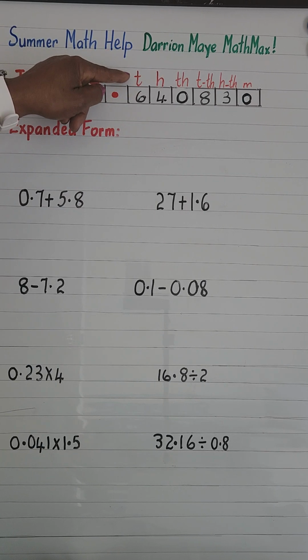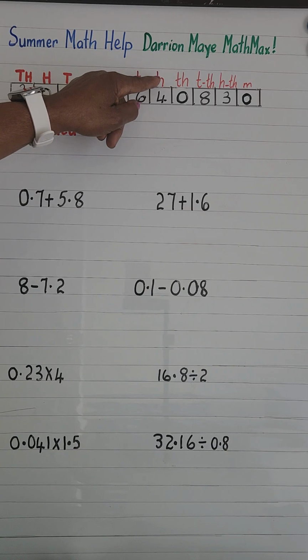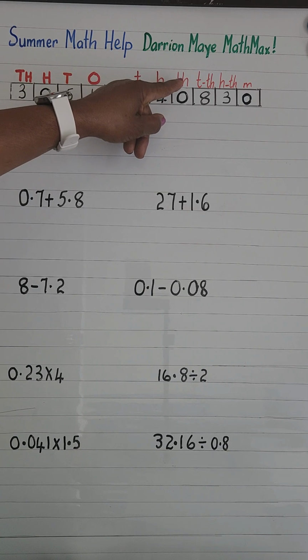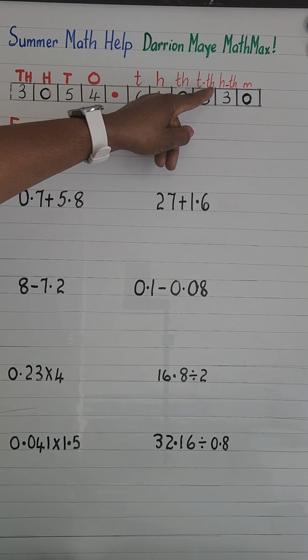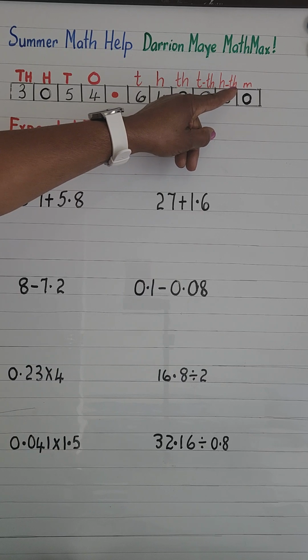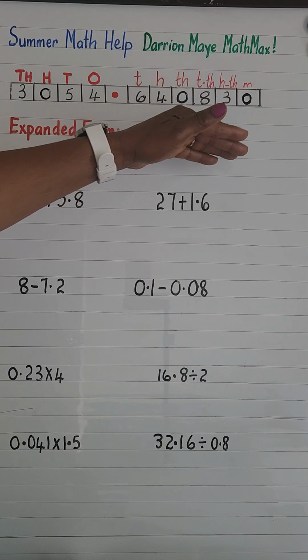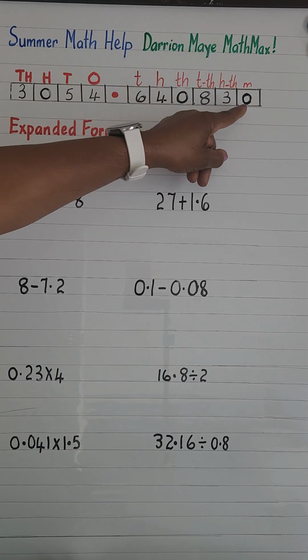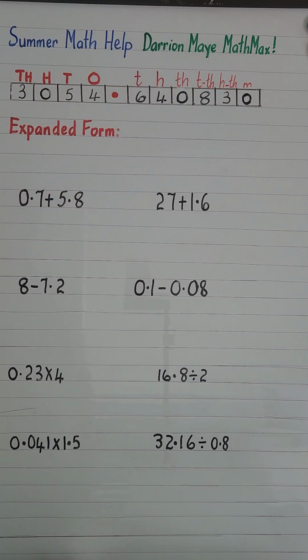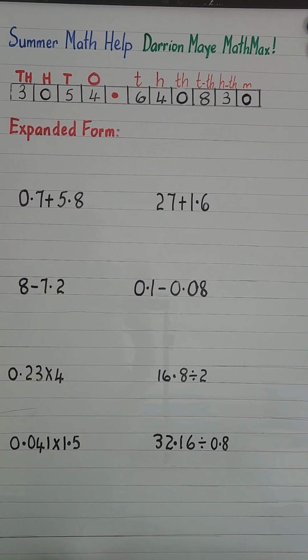And then we have the tenth, the hundredth, the thousandth, ten-thousandth, hundred-thousandth, and then the millionth. So we're going to write that standard decimal number in expanded form.